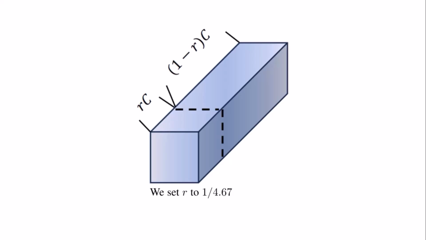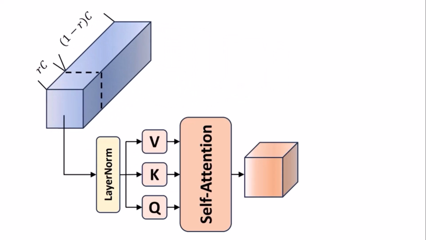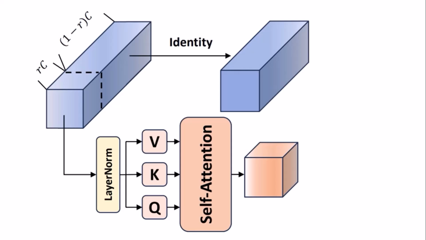So around 20% of the channels they selected, and then they pass this 20% to layer norm and self-attention, and then they come up with some new feature volume. But what they do with the remaining 80% of the channels, they just pass it to the identity operation, which basically means do nothing with it, and keep this remaining 80%.